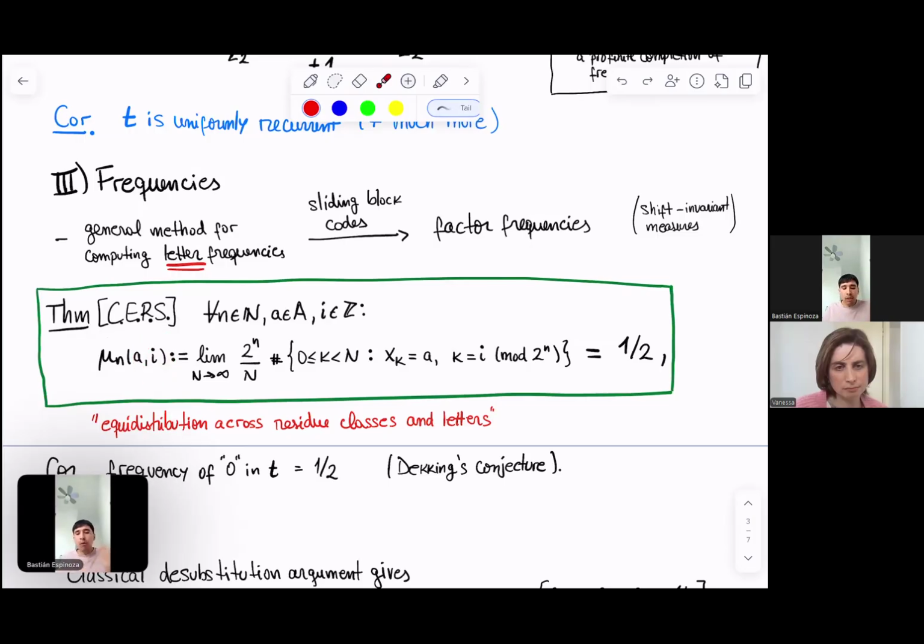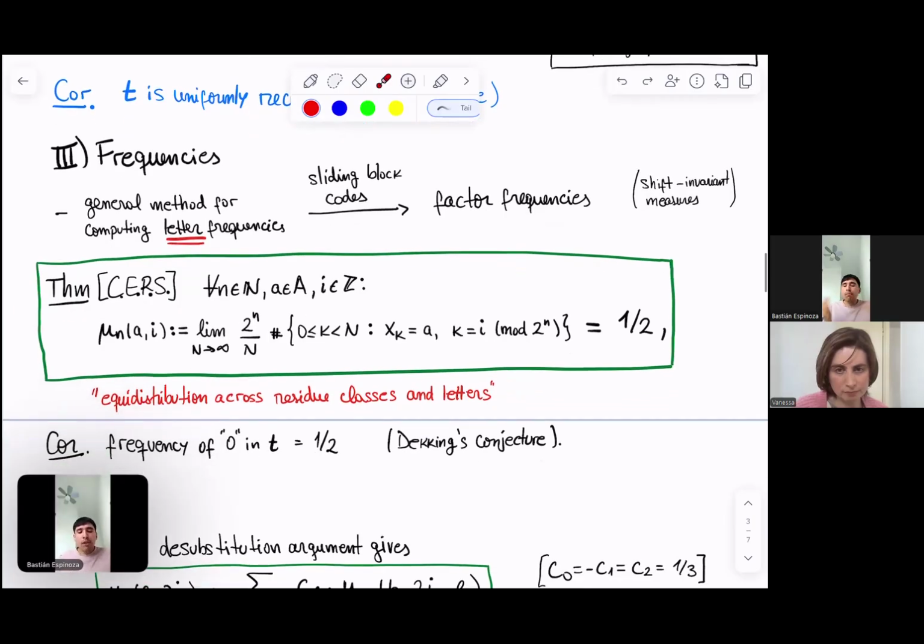And what we do is that we count occurrences of this particular letter, but we sieve by a residue class, the residue class I mod 2 to the power of n. Then we also apply some normalization. We don't need to care about all these technicalities. And the theorem says that this limit exists. And moreover, the limit is equal to 1/2.